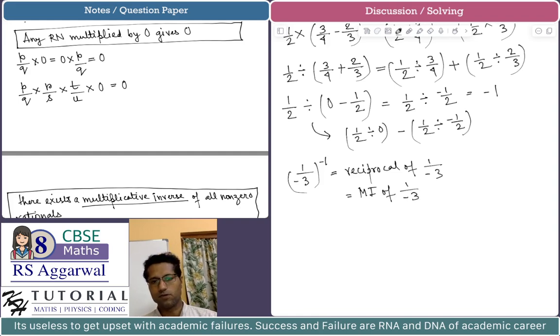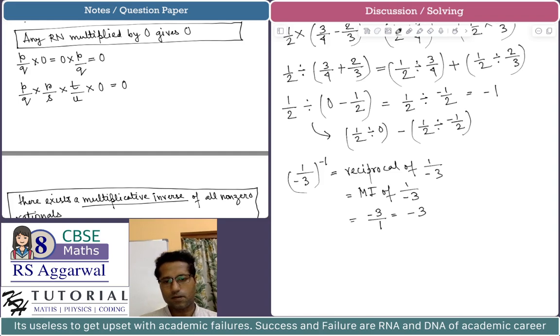So 1 by minus 3 whole to the power minus 1 is equal to the reciprocal of 1 by minus 3, or the multiplicative inverse of 1 by minus 3. And we know the reciprocal of a rational number, or multiplicative inverse, is nothing but we just interchange the numerator and the denominator. So it will be minus 3 by 1, which is equal to minus 3.